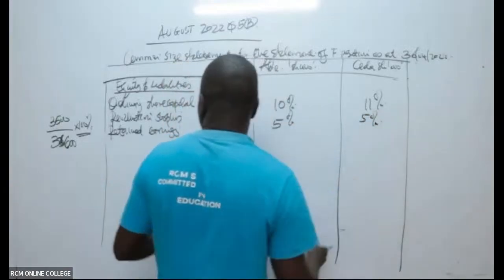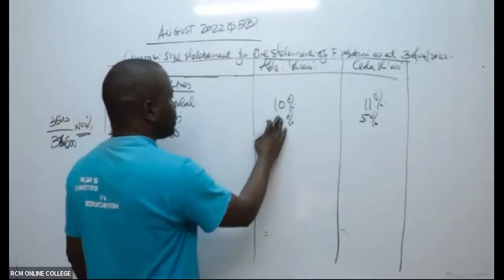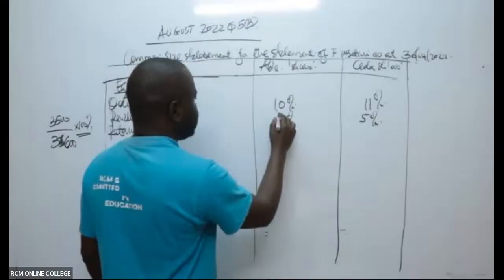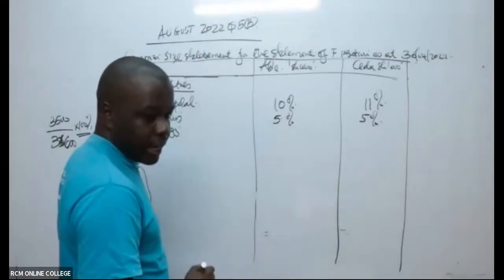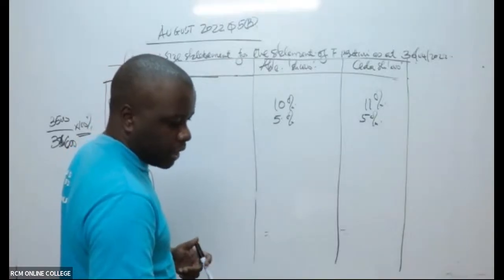So what about retained earnings? Retained earnings is 5.2.